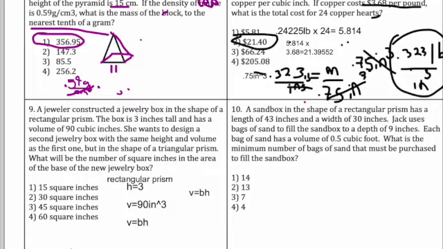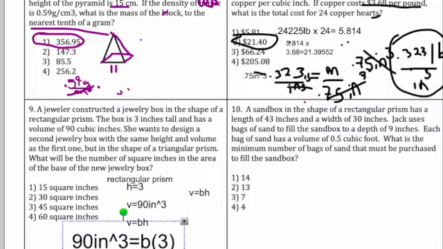It is going to be 90 inches cubed, because this is our volume, equals our base times 3, because our height is 3, and our base equals 30.